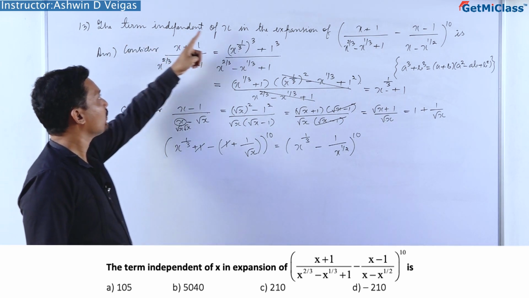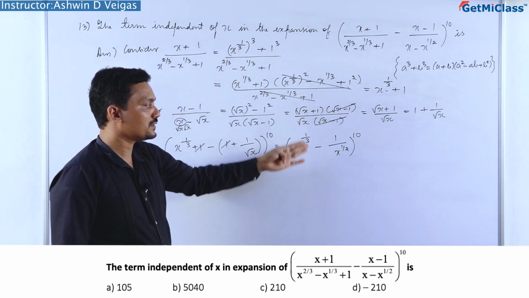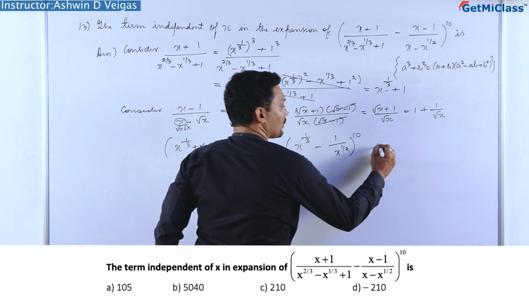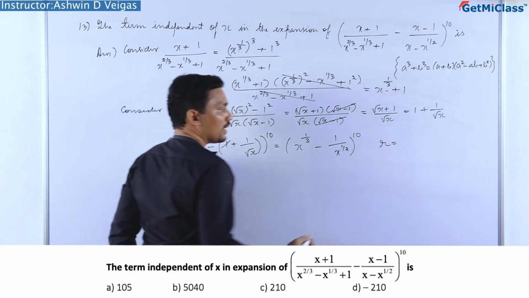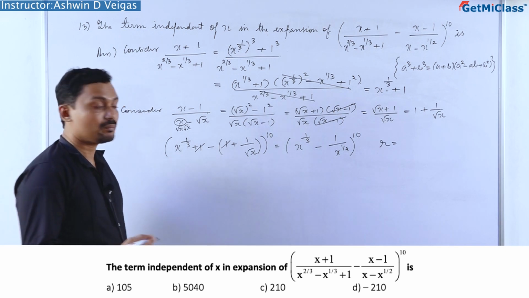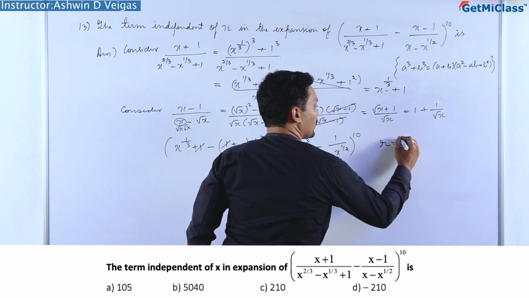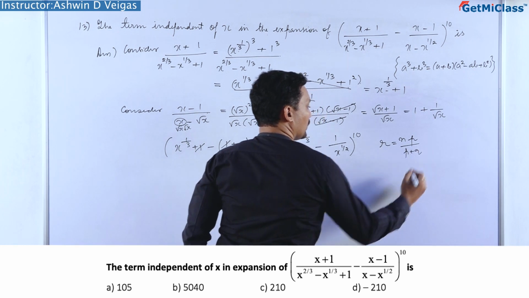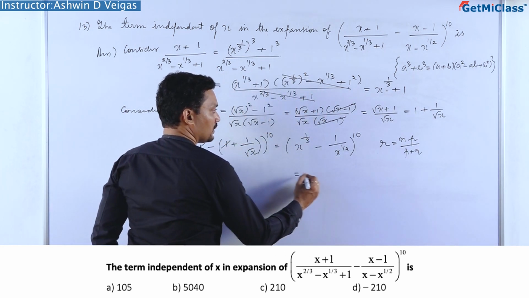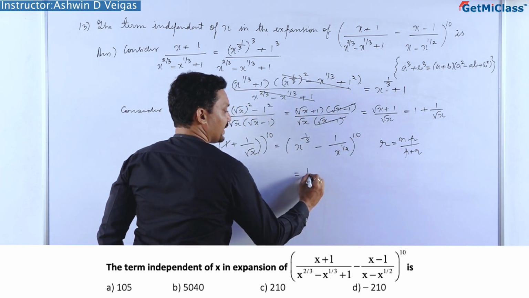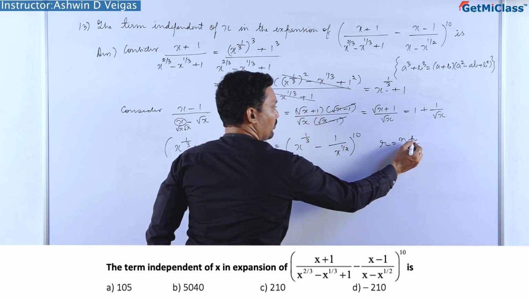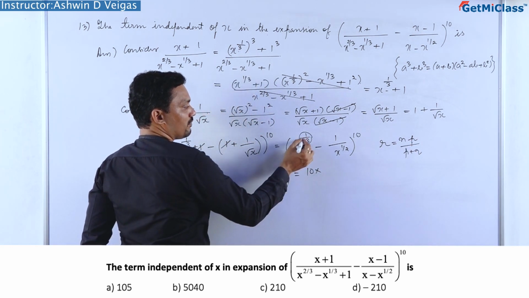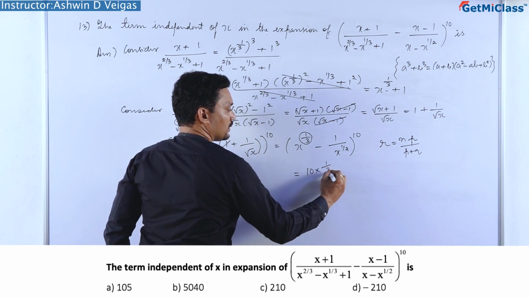They are asking the term independent of x in this expansion, which is the same as this. If they ask for the term independent of x, the shortcut to find R is given by NP divided by P plus Q. The value of N is the power, that is 10. The value of P is the power of x in the first term, that is 1 by 3.